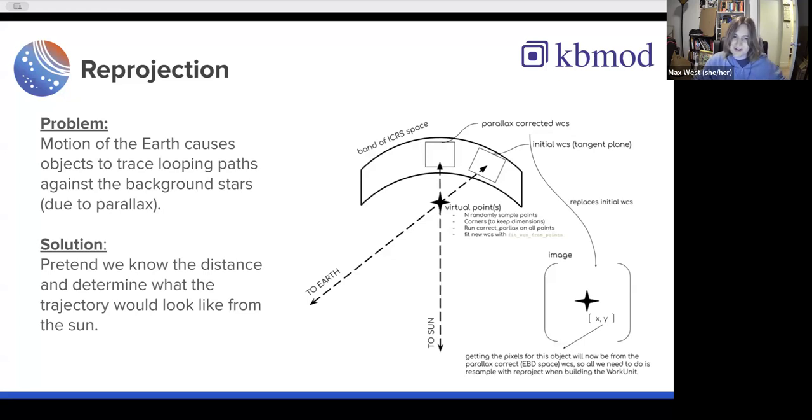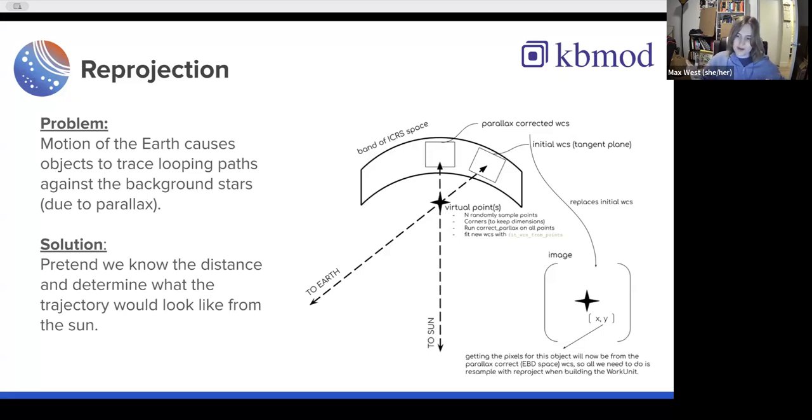It's a controversial name. Andy doesn't like it. And when we sample points from the image and run them through our coordinate transformation, we will get the RA-Dec coordinate for a given pixel as if it was observed from the sun, approximately.